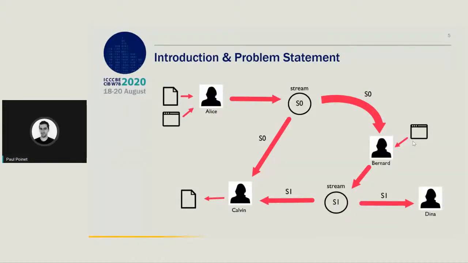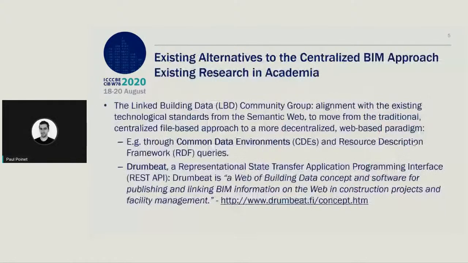So in this slide, ideally, we would like to track data exchange between different stakeholders that are involved in the same design process. And here we are calling this flow of data a stream. And when you pass from one version to the other, you go from S0 to S1.